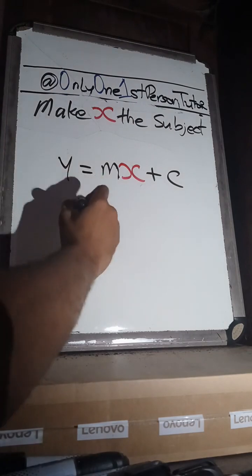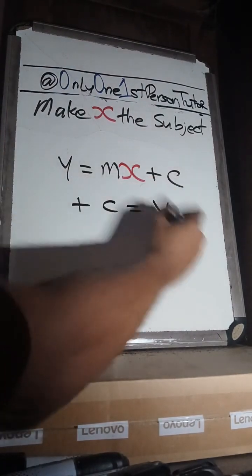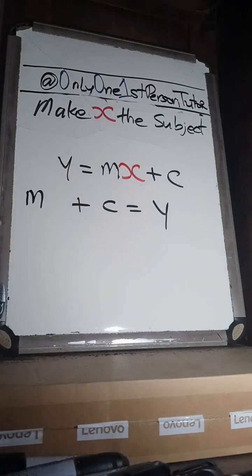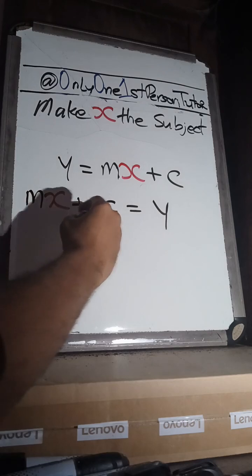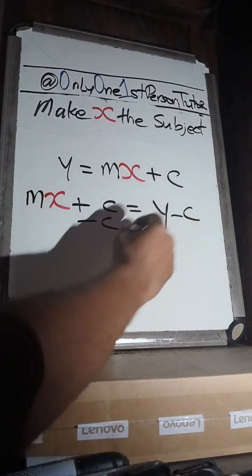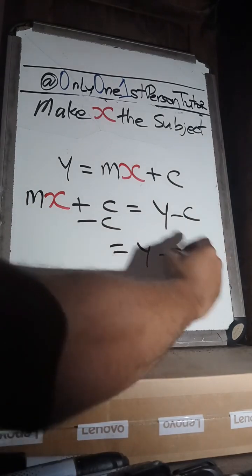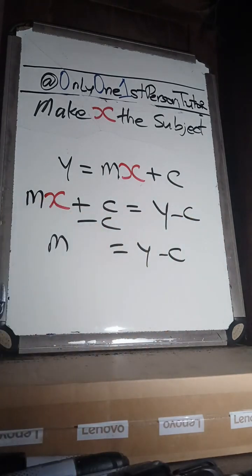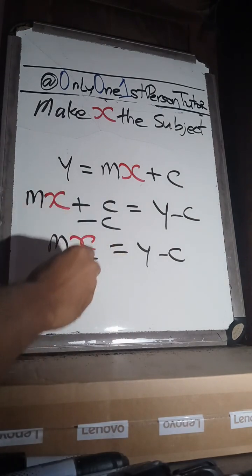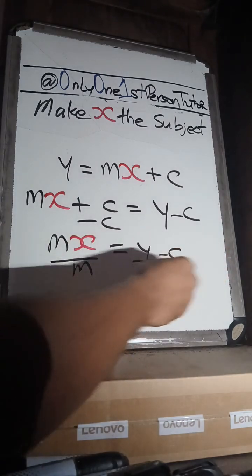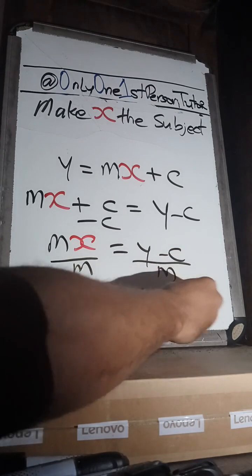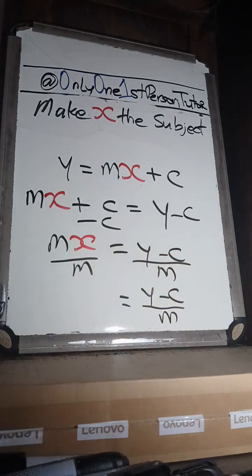Then what? Alright, so you want that, so minus C from both sides. And then we divide both. And that's it.